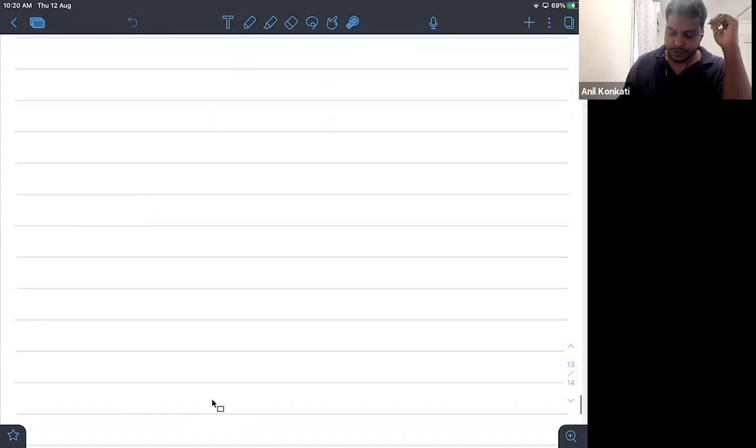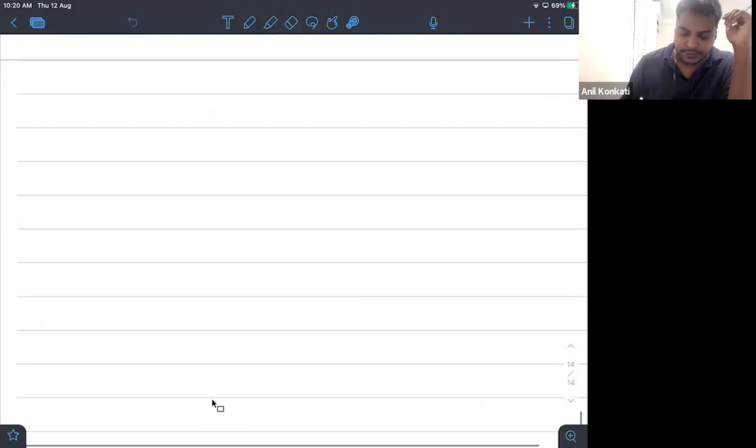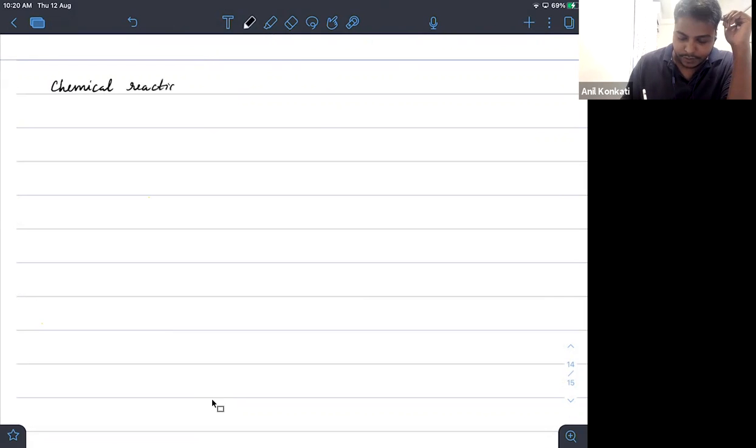Right. So everybody give the heading as chemical reactions, and balancing them.